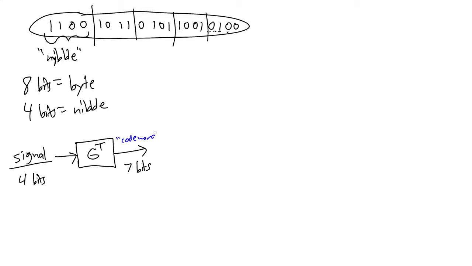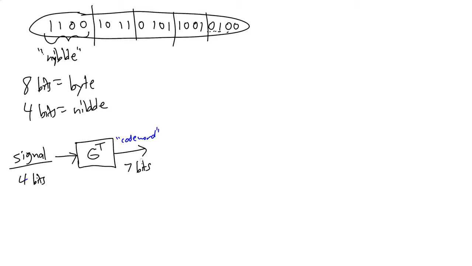Now, not every 7-bit sequence is a code word, as I'll explain. A code word is a 7-bit sequence that will come from a 4-bit sequence that's the signal. Not all 7-bit sequences come from 4-bit sequences through this thing, as I'll explain in a minute, so just hold on a second on that.